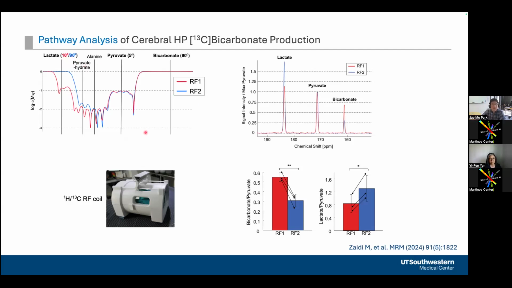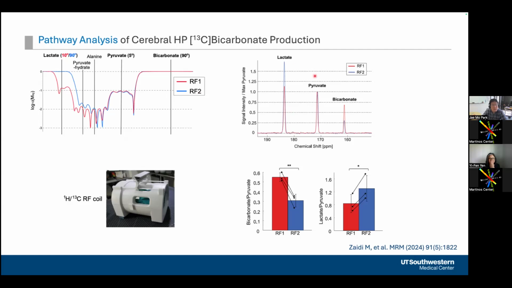By comparing these two, we acquired dynamic spectroscopy from a human brain right after injection of hyperpolarized C1-labeled pyruvate. If there is any bicarbonate production difference between RF1 and RF2, that indicates that some portion of the bicarbonate is coming from lactate.